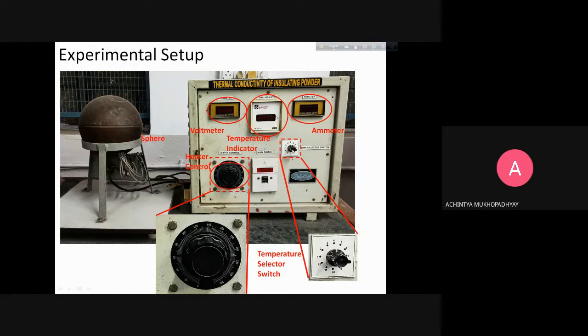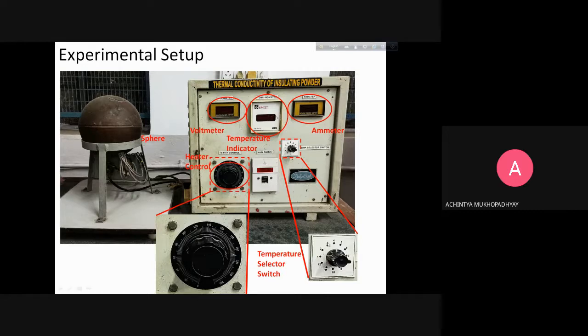For that there is a temperature selector switch. So this 1 to 12, there is a provision for measuring temperatures from 12 different positions. Here we are actually using only 10 positions, so 2 positions are left open.